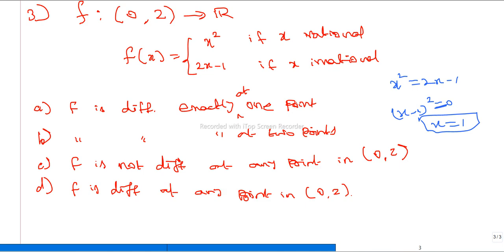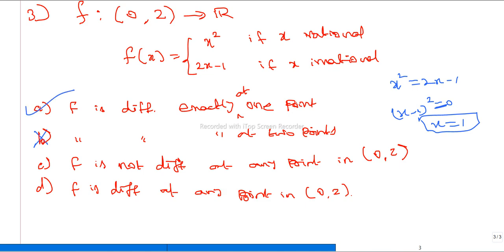So if it is differentiable, it is possible only at one point. Therefore we can omit option B, because it says differentiable at two points. If it is differentiable at two points, then it is continuous at two points, but we know it is continuous at only one point. So it should be differentiable at exactly one point.